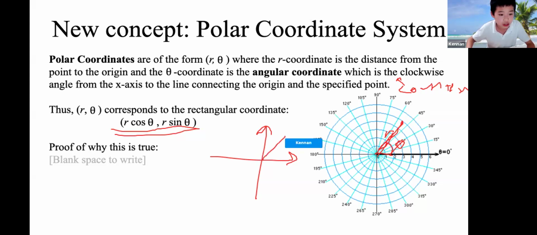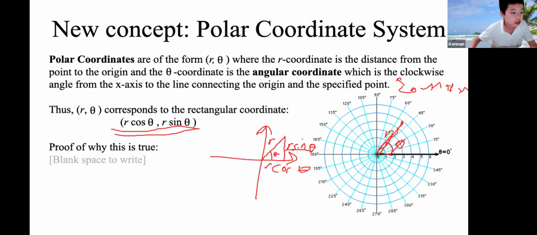So this is r, and this is theta. Then the y-coordinate would be r sine theta, by the definition of trigonometry. Similarly, the x-coordinate is r cosine theta. So this is a way to convert polar coordinates to Cartesian coordinates.